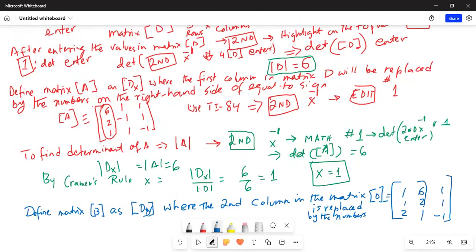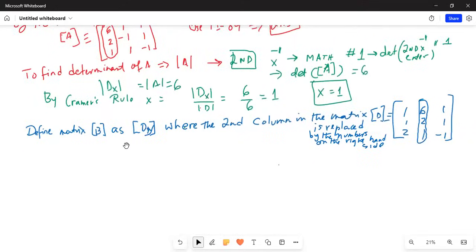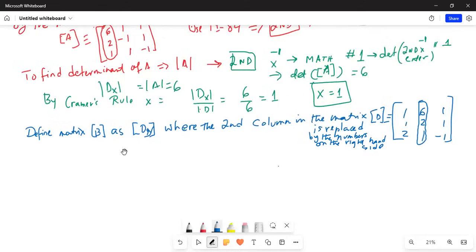This is matrix B. Matrix B is a 3 by 3 matrix, which is 1, 1, 2, and then 6, 2, 1, and then 1, 1, minus 1. So we have to enter this information in our calculator.